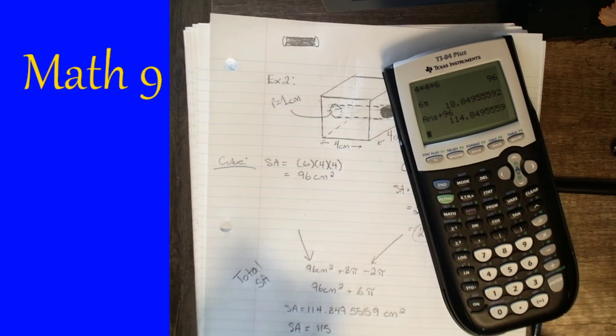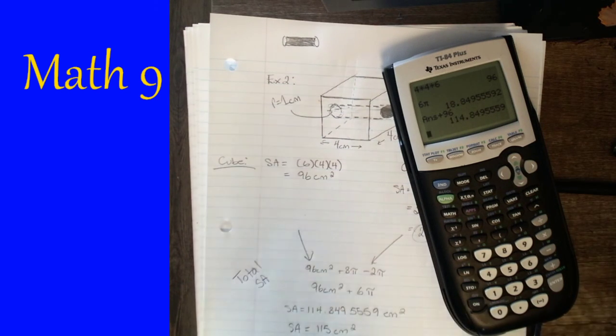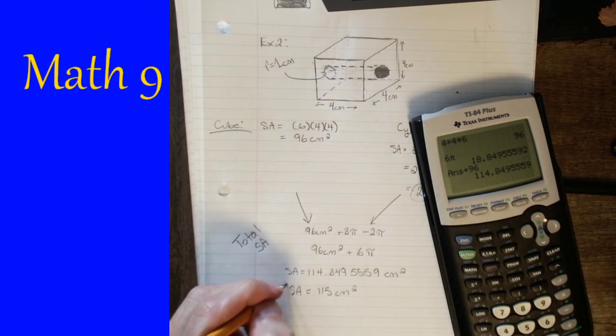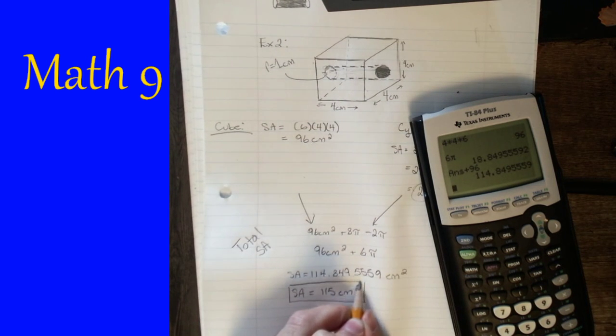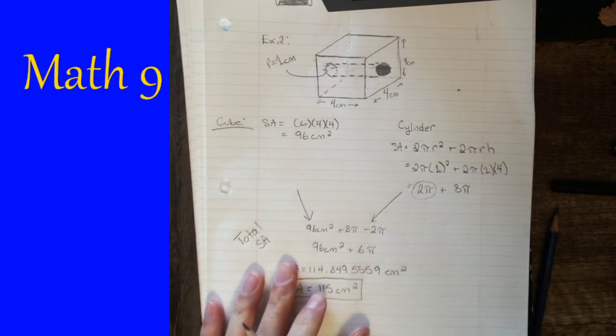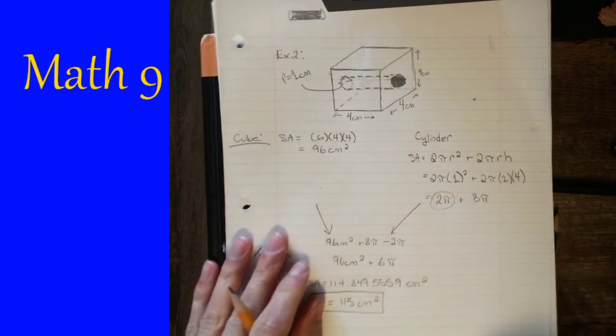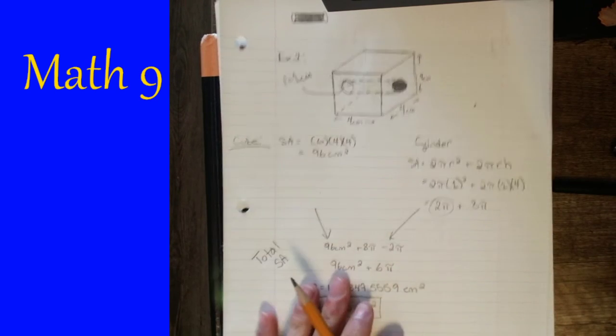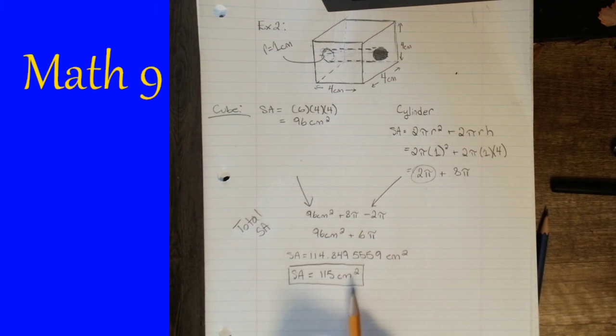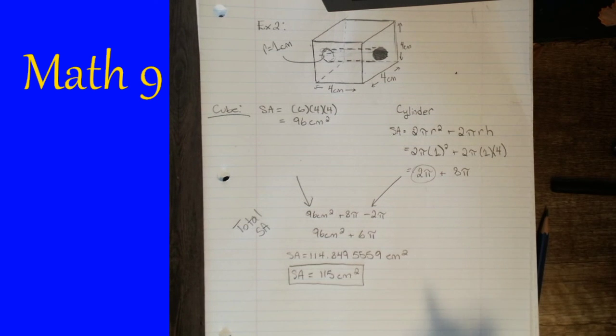So it's going to be 115 centimeters squared. Okay, so that would be our answer here, and that should be everything you need to know about composite objects involving cylinders.